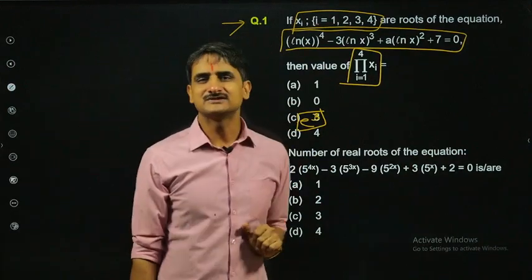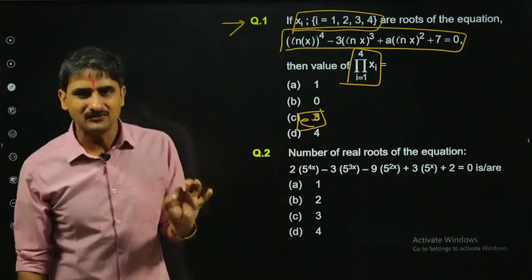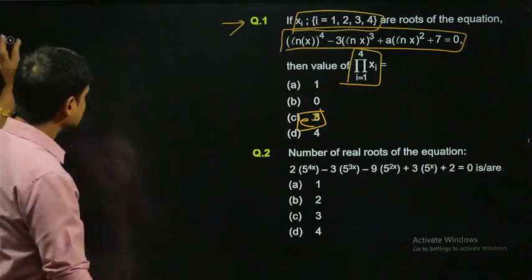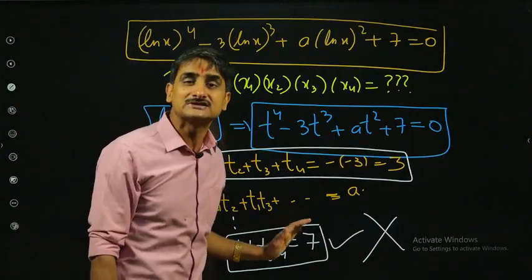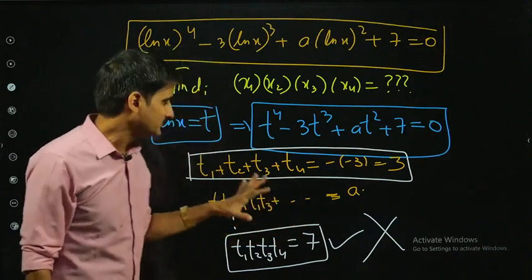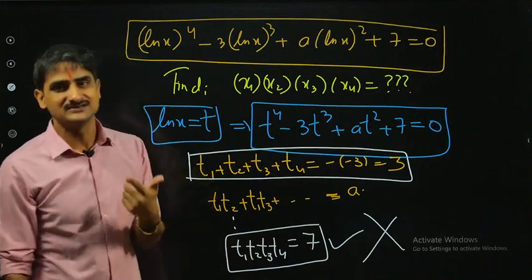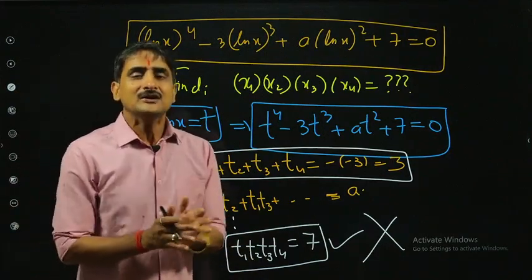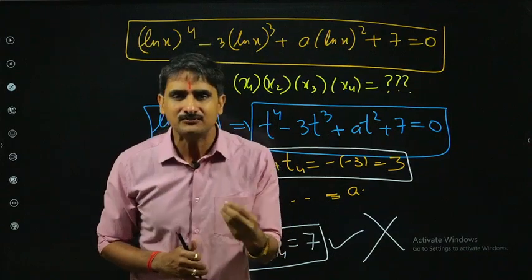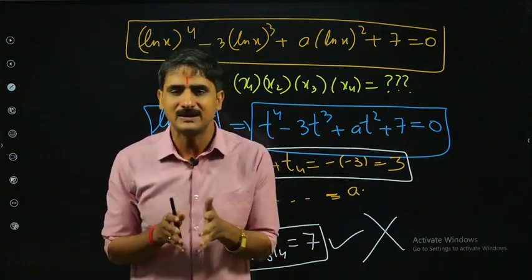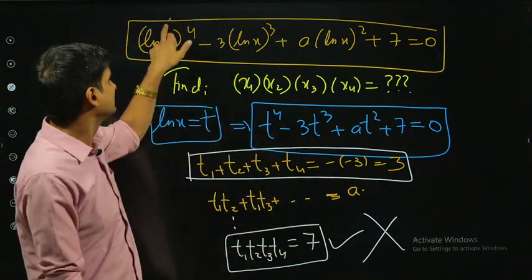So that was the first question, and the basic thing involved in this question is that many students commit this mistake. When they convert it in terms of t, they feel that this has been asked, but the answer is no. We have to be careful because it's not a real polynomial. It's not a perfect algebraic polynomial equation. It's a polynomial in terms of a function.